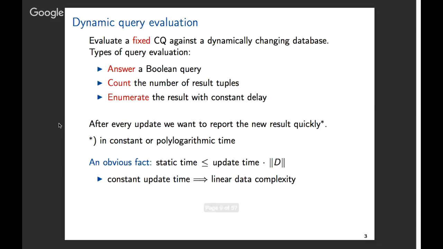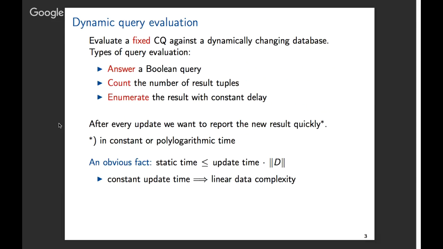And this in particular implies that if you want to have constant update time, then the query has linear data complexity. And this excludes, for example, triangle queries we have seen earlier in the session, or queries of bounded tree width. So we are really very restricted.